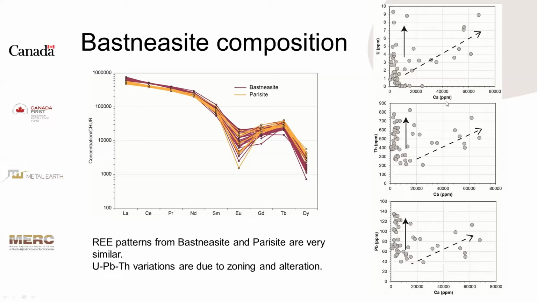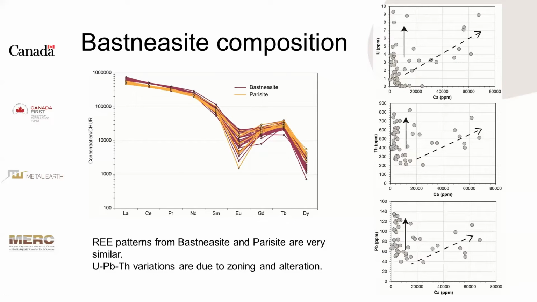So this is why we made these diagrams. So you have calcium on the x-axis and uranium, lead, thorium on the y-axis. And we see that there is indeed a remobilization of these elements when you alter bastnasite into parisite. This is typically the dashed arrow that you can see here, but it's quite minimal.